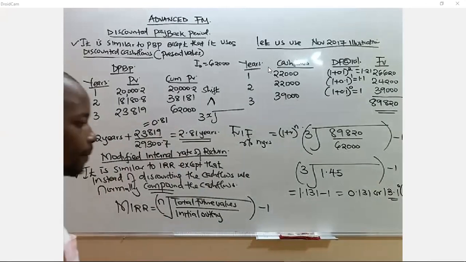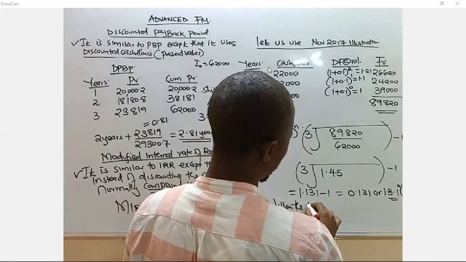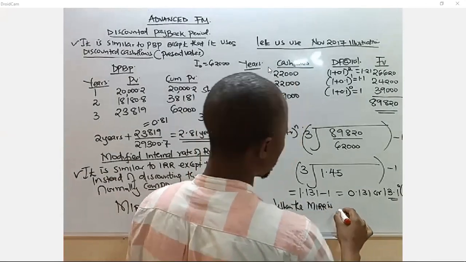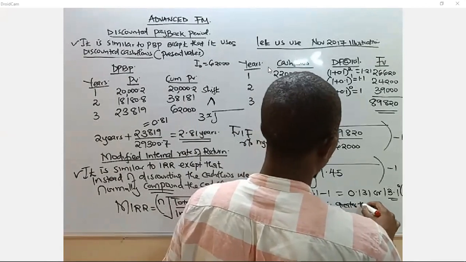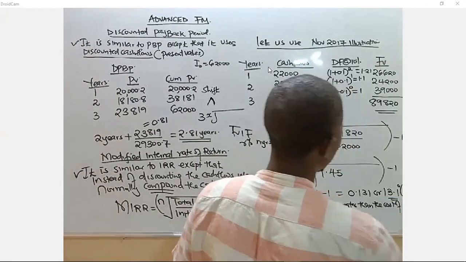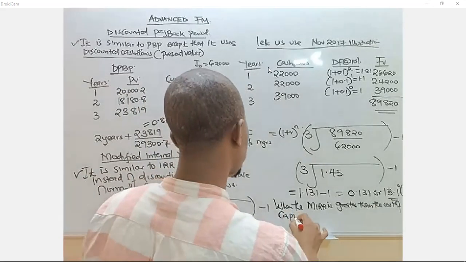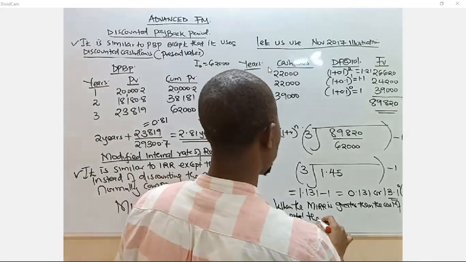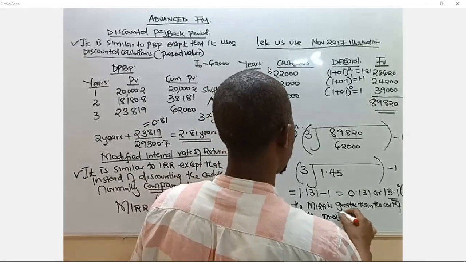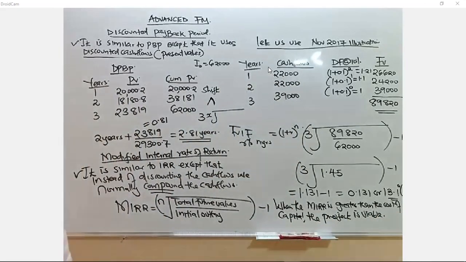In this case, we say, when the MIRR is greater than the cost of capital, the project is viable. Have we understood to that point?